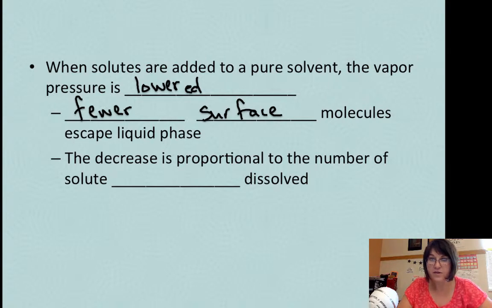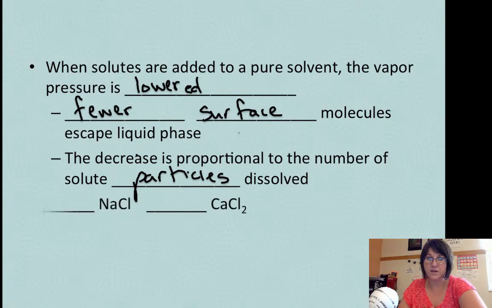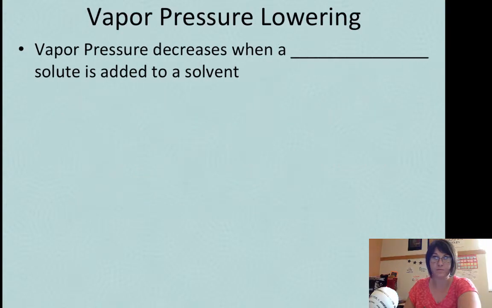The decrease in the vapor pressure is proportional to the number of solute particles that are dissolved in our solution. The more particles there are blocking them from the surface, the more the vapor pressure is affected. The vapor pressure decreases when a non-volatile solute is added to our solvent.